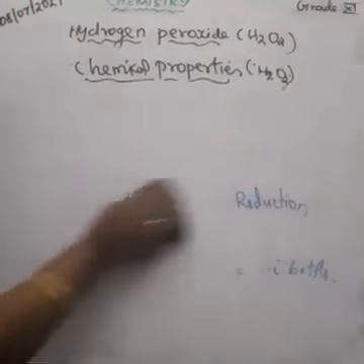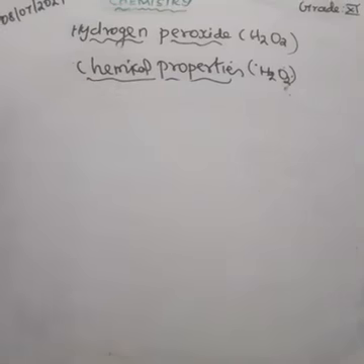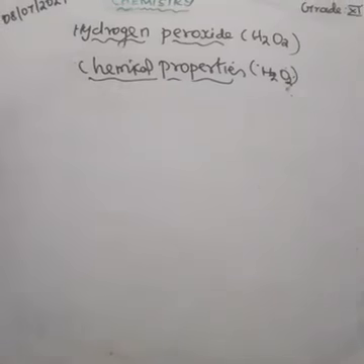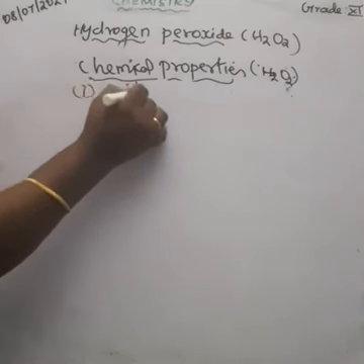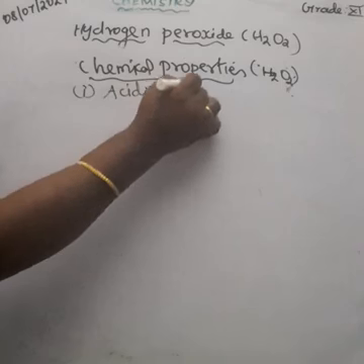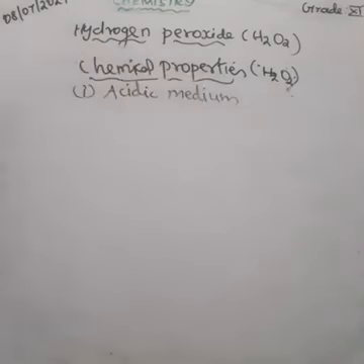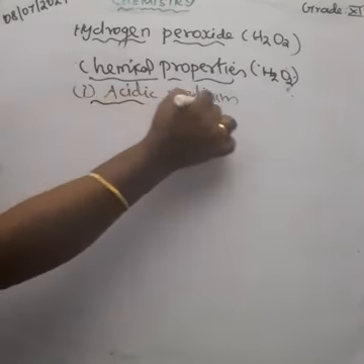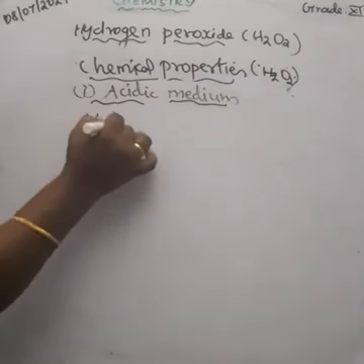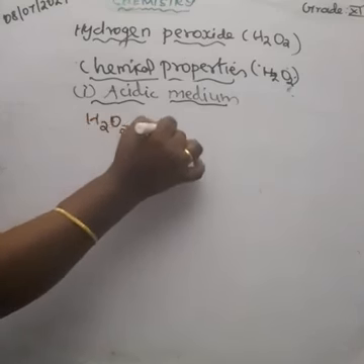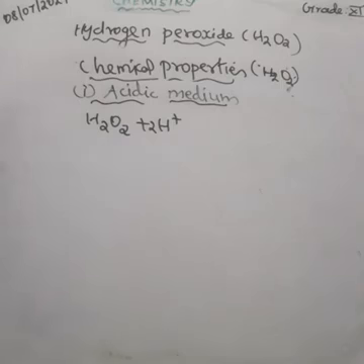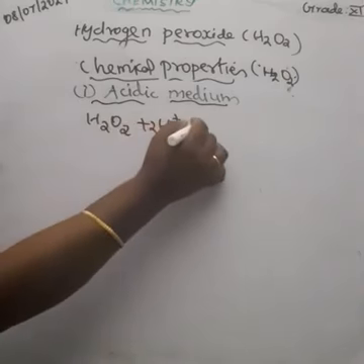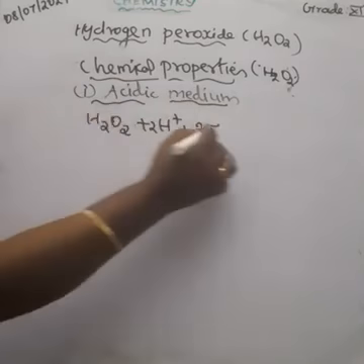First, in acidic medium, H2O2 reacts with H plus, that is the acidic medium. H2O2, when it combines with H plus and 2 electrons, we get H2O.